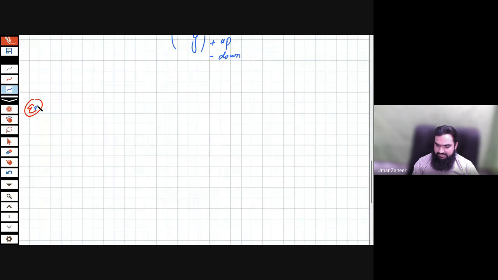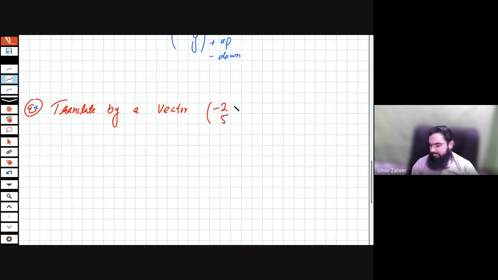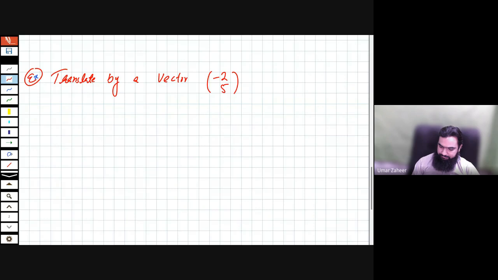For example, I'm going to give you the example: translate by a vector (-2, 5). And here is the object.